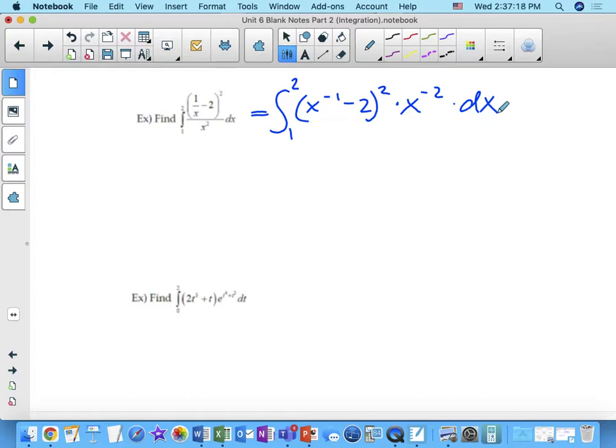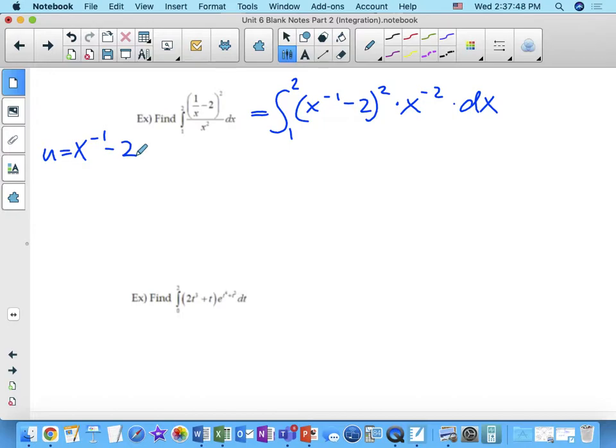So this guy, the x to the -2, that's the one where the exponent's been decreased by 1. So this needs to be our u. That's not so clear, let me fix that. x to the -1 minus 2.